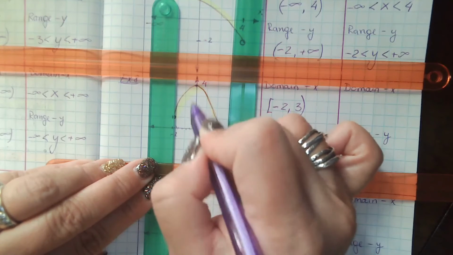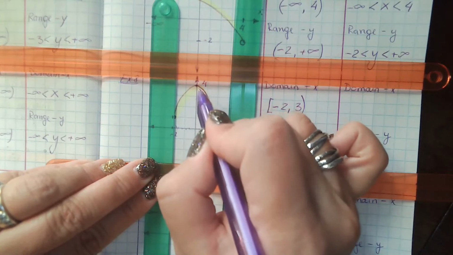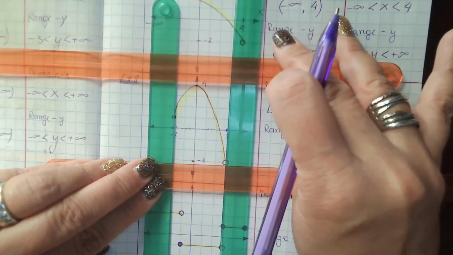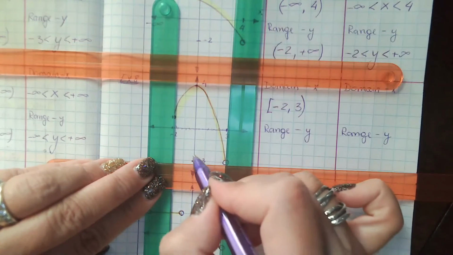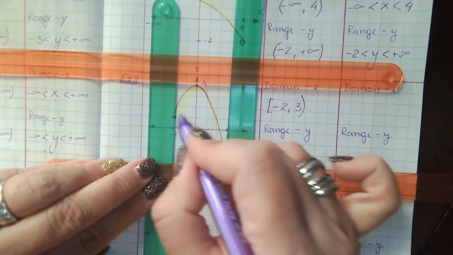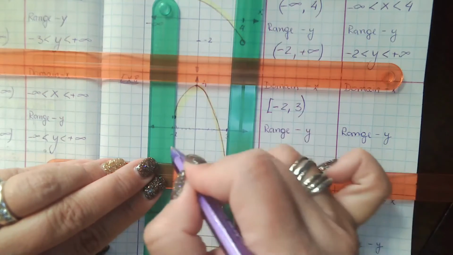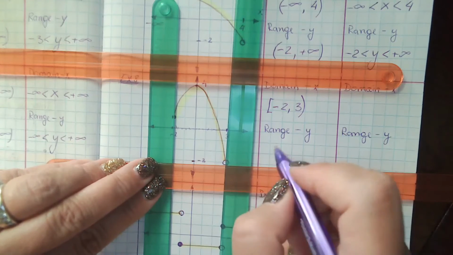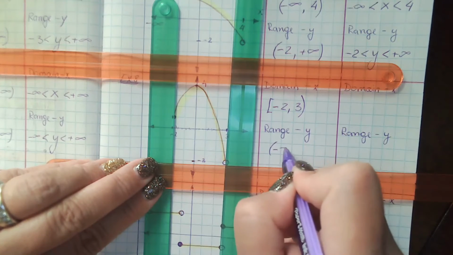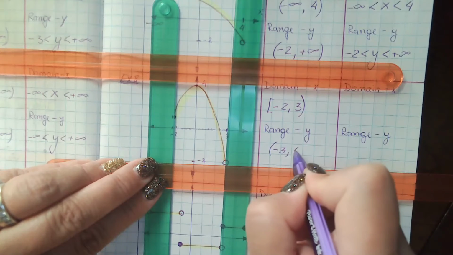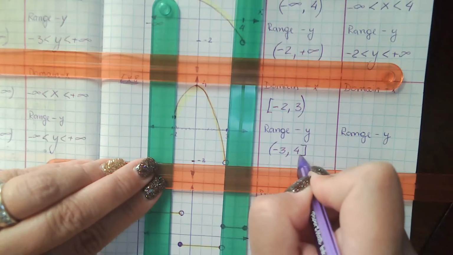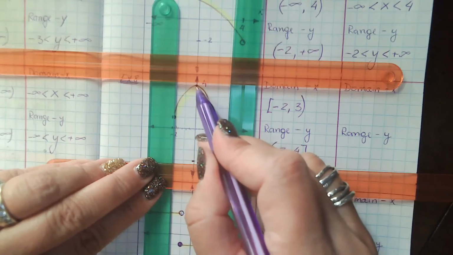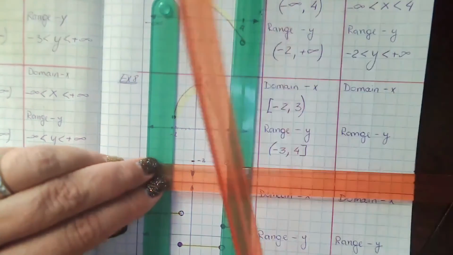The point with y value 4 is on that line. So I record my range from -3 to 4, all the possible y values of this function, including the number 4, because the 4 is a solid point on this line.